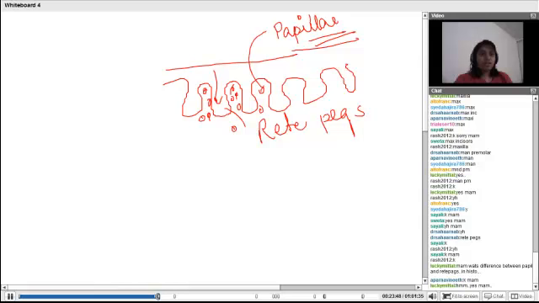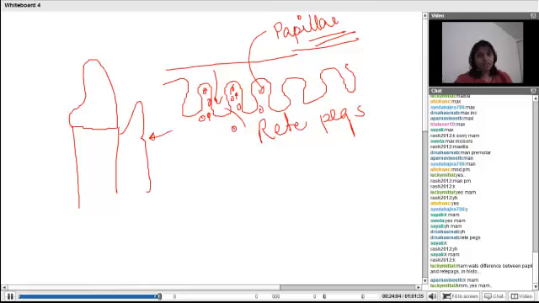Now we had been seeing the free gingival groove, and after that we had been seeing the attached gingiva. Now let me tell you one thing.